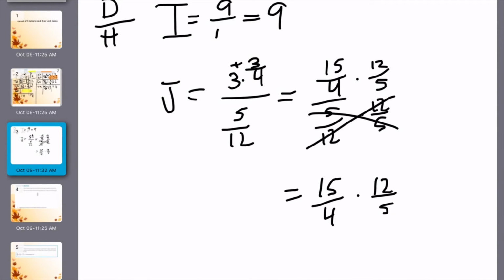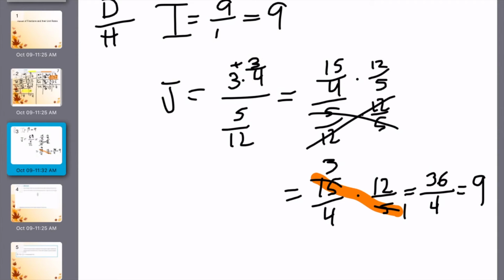The nice thing about this is that the 15 and the 5 have a common factor of 5, so they can cancel each other out, and I'm left with 3 instead of 15. So 3 times 12, since I can multiply fractions across the top and across the bottom, is 36. And I keep my 4 on the bottom because that 5 is replaced with a 1. And 36 divided by 4 is 9.